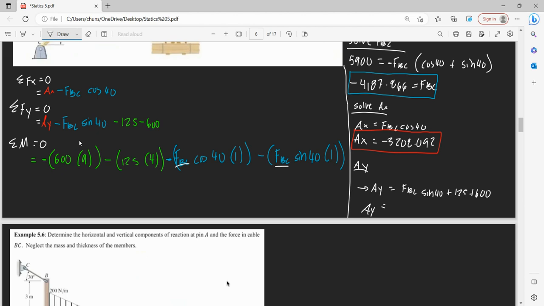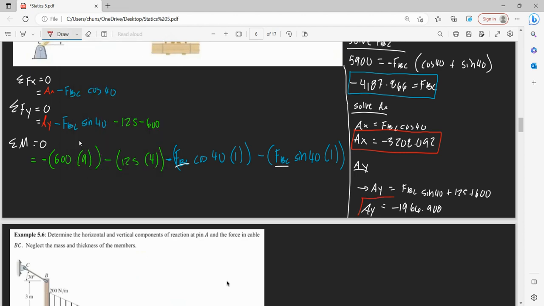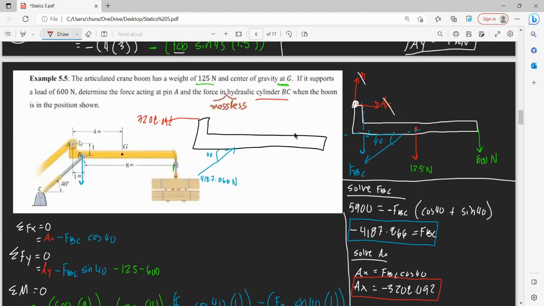And sorry, this is supposed to be negative. And we have plus 125 plus 600. And this gives us negative 9,966.908 in the opposite direction that we first assumed. So we first assumed it was going up, so now we know that it is going down.